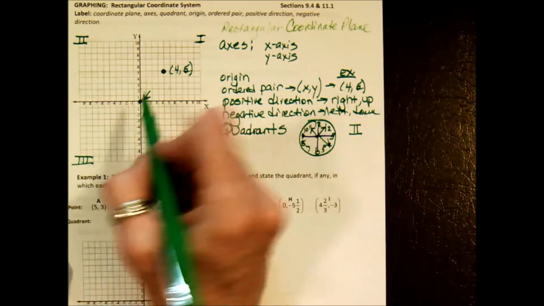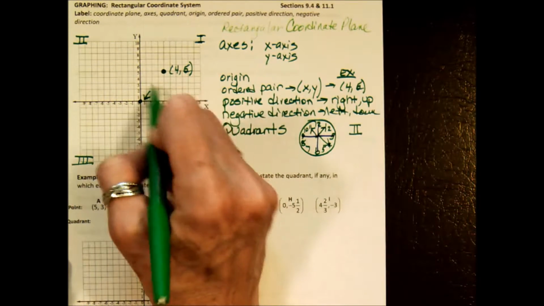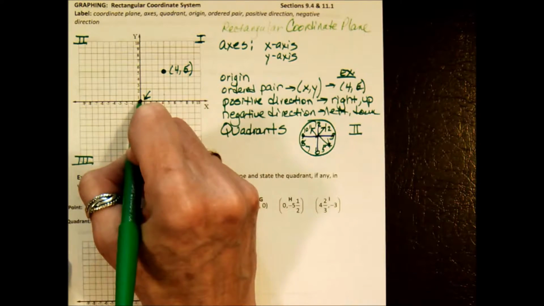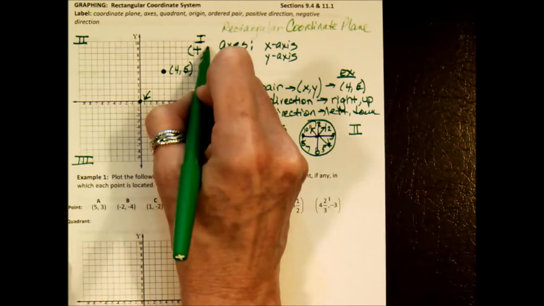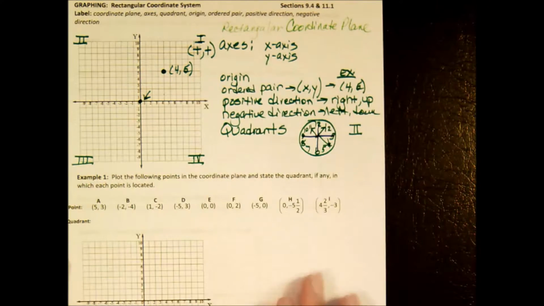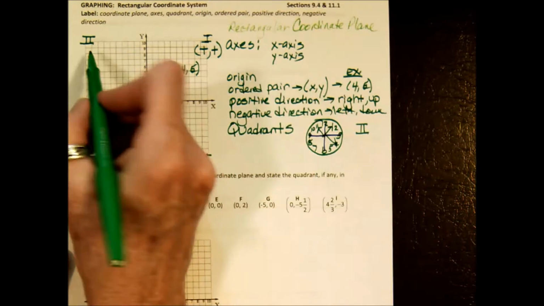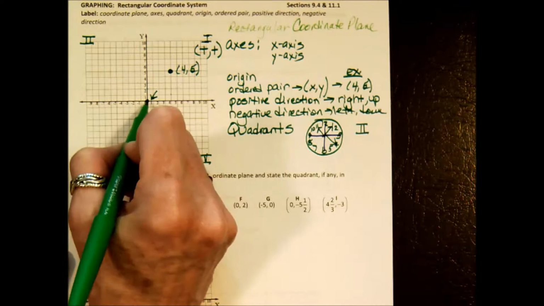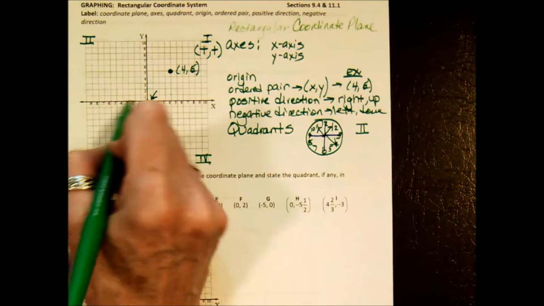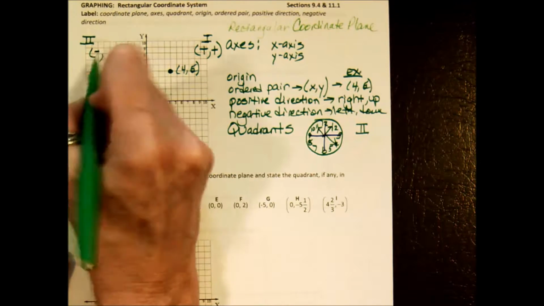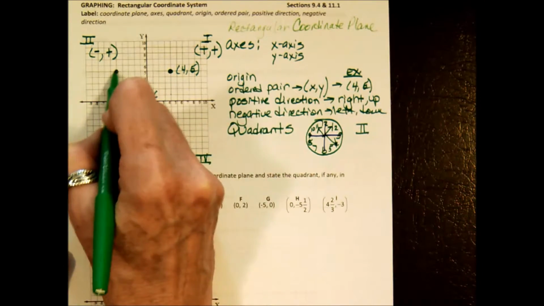As you travel, if I wanted to get somewhere into quadrant 1, I would have to go right and up. Well, right is a positive direction, up is a positive direction, so that's a positive quadrant. If I wanted to get into quadrant 2, I would have to go left. Remember, you go left or right first and then up or down. So I'd have to go left, which is a negative direction, and then up, which would put me somewhere up here.